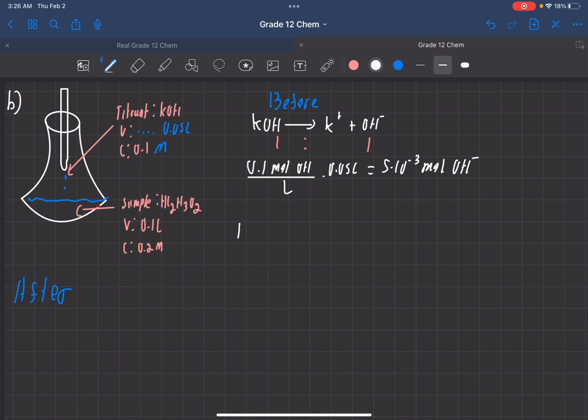So we have HC2H3O2, and that's going to dissociate into H plus and our ethanoate ion, C2H3O2 minus. Now you may be wondering why this is completely dissociating if it is a weak acid. Well, that is due to Le Chatelier's principle.